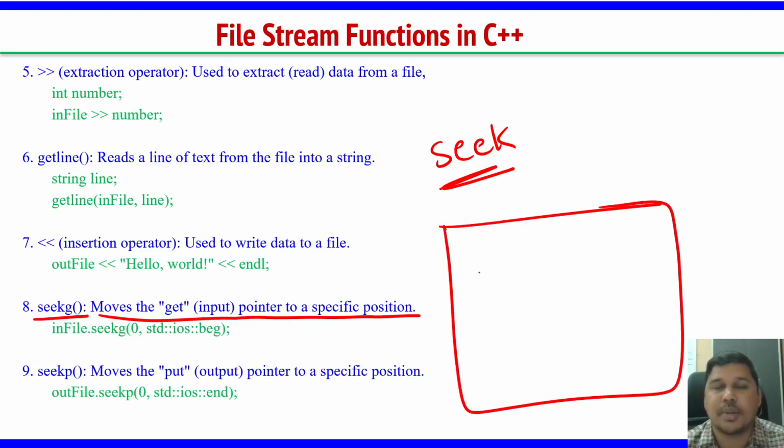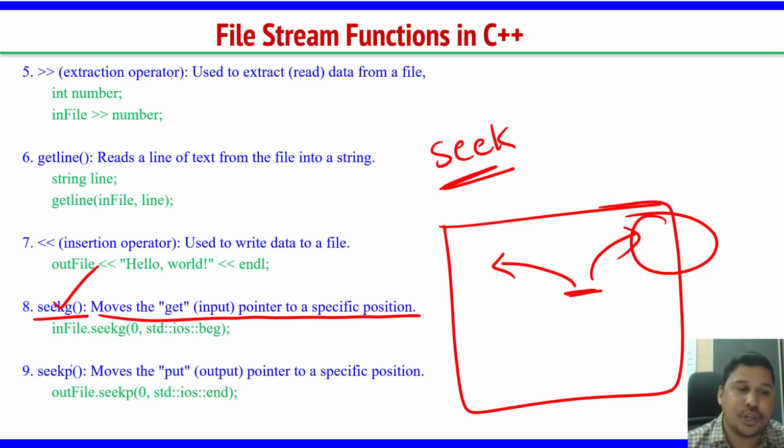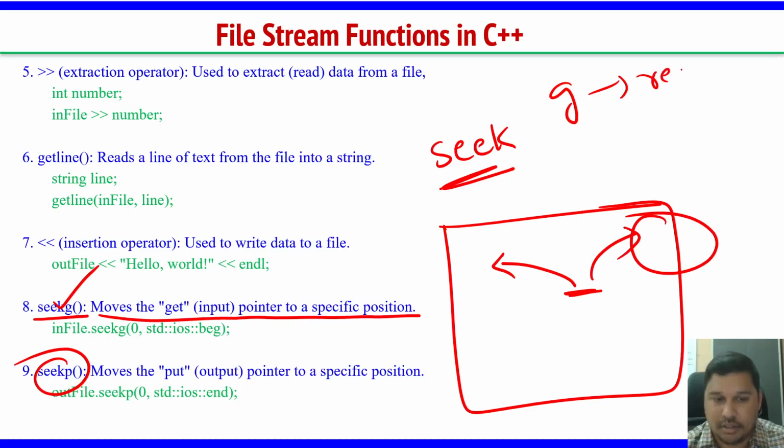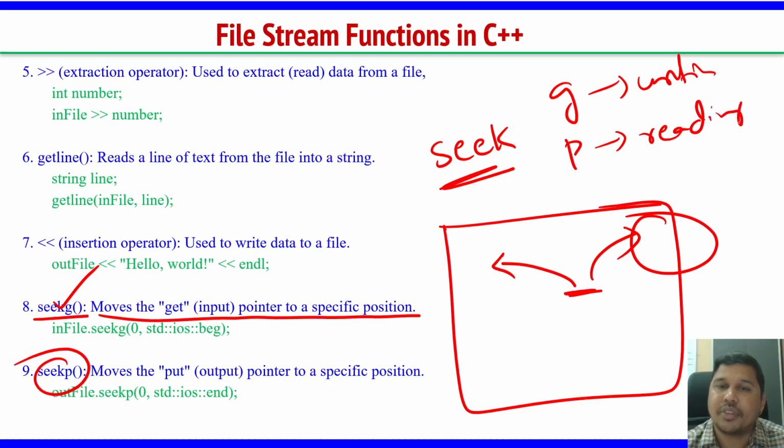Suppose your cursor is here, and you want to move it to some location to write some content, then you have to use seekp. If you want to move this cursor to some other location to read content from there, you have to use seekg. So g is for reading and p is for writing. We will see examples again.